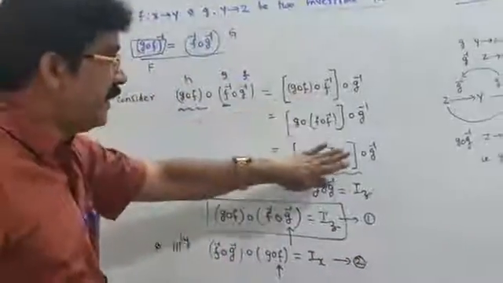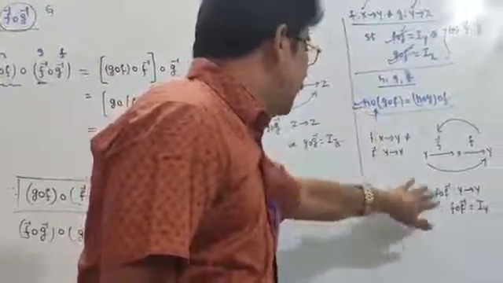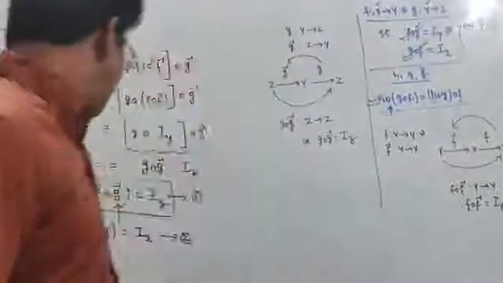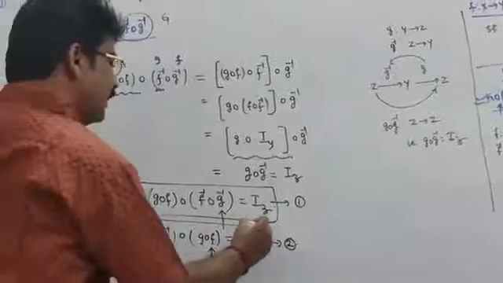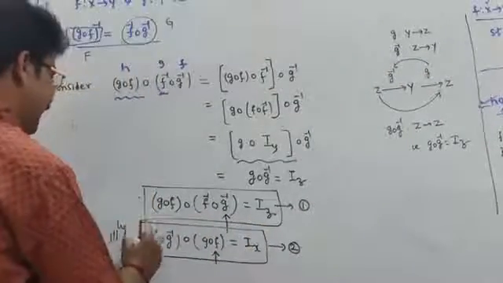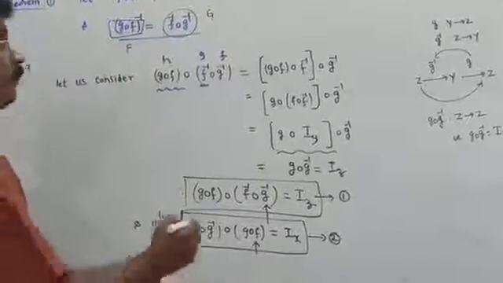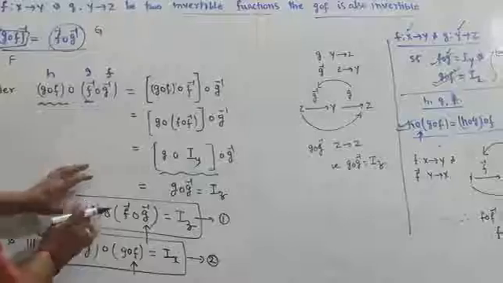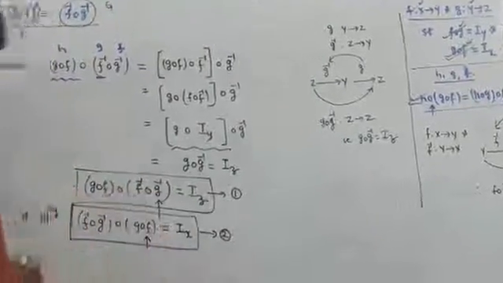So, in the same sense, by using G inverse G like that, we are getting I X. So, in the examination, directly we can write like that. So, therefore, you see there, F circle G, like that. F circle G equal to something, G circle F equal to something.